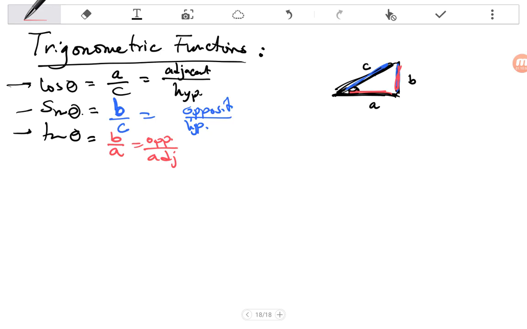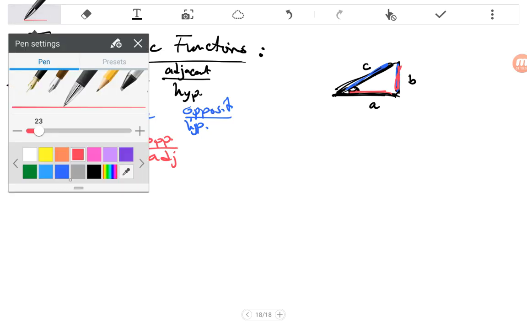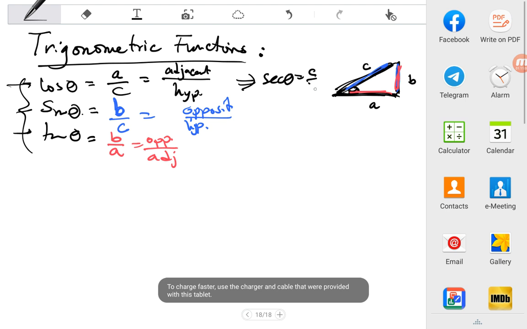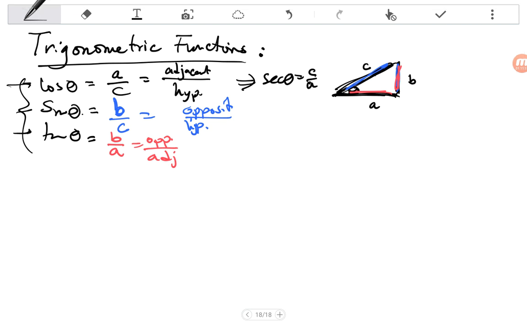We also define the reciprocals of these three main functions. The reciprocal of cosine theta is called sec theta. Sec theta is just C divided by A, or 1 over cosine theta.